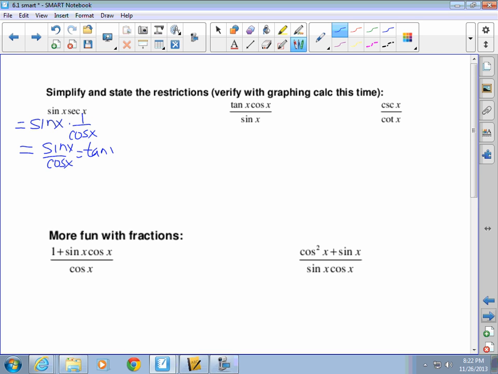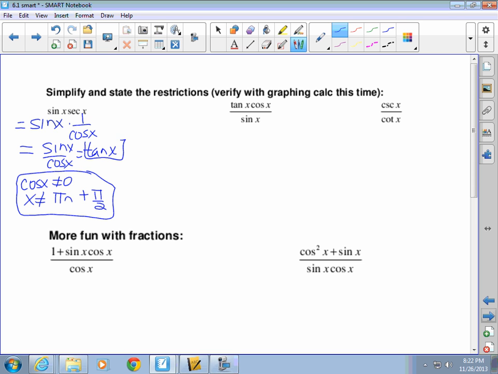That's just tangent x. So the only thing underneath a bar or underneath a divide sign was that cos x. So your restriction, cos x cannot equal 0, so x is not equal to, well, I wrote this in the opposite order, but pi over 2 plus pi n.